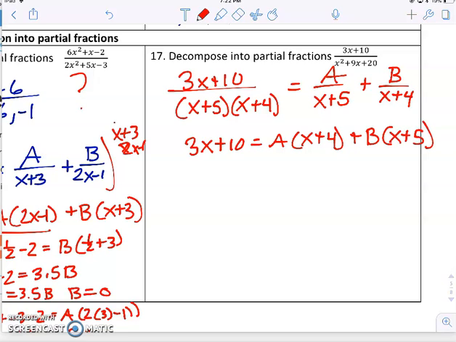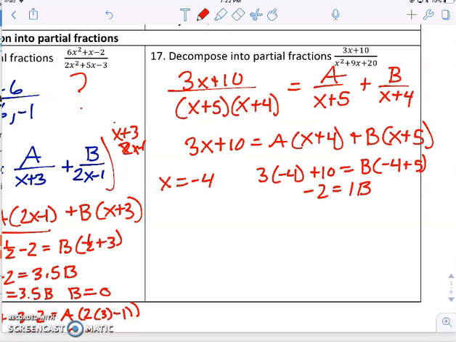So our first case would be when x is negative 4. So 3 times negative 4 plus 10. The a would be gone because negative 4 plus 4 is 0. So b times negative 4 plus 5. So negative 12 plus 10 is negative 2 equals 1b. So there's our b value.